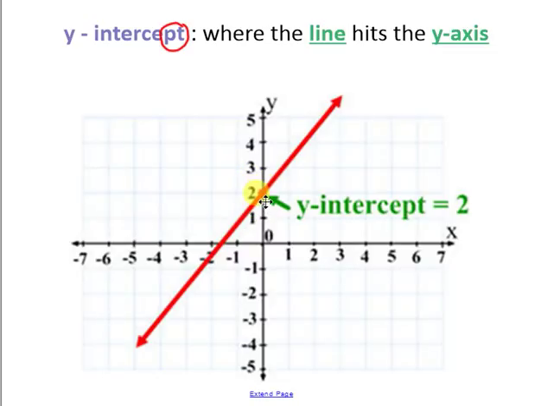So in this line right here, the y-intercept would be 2, positive 2. Now, if the line hit the y-axis right here, the y-intercept would be negative 3. The y-intercept is not really a hard concept at all. It's just literally where the line hits the y-axis.